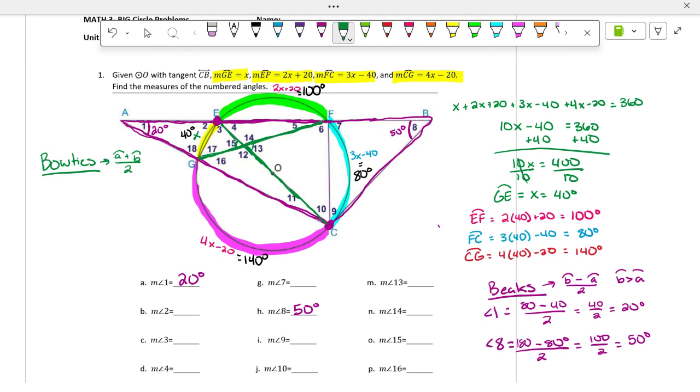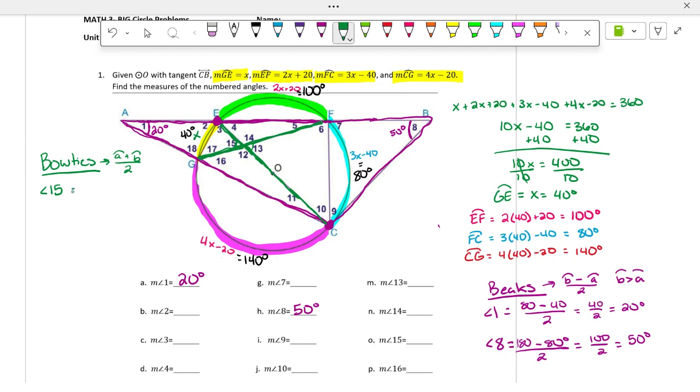So what is the arc that intercepts 15? What's the degree? It's what? So guys, here's the ice cream cone. Where's the ice cream?